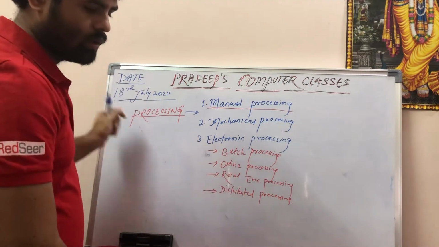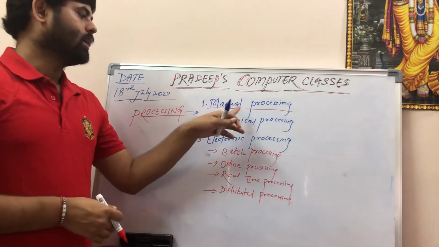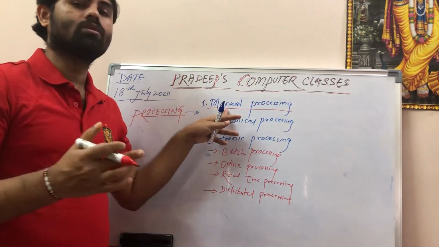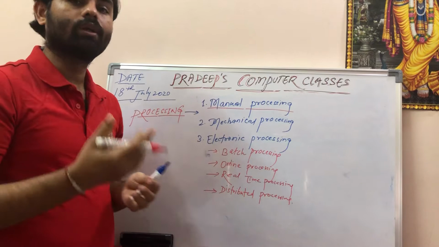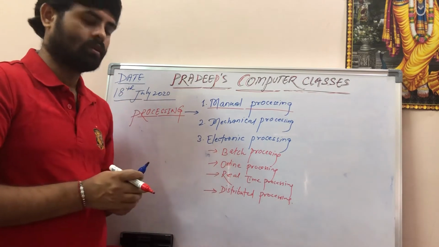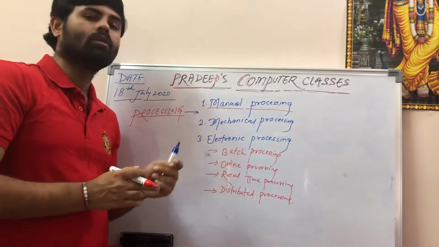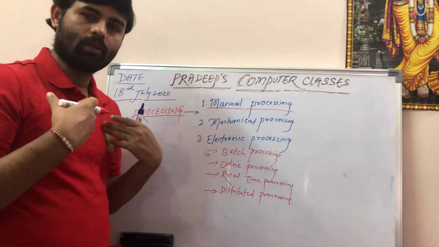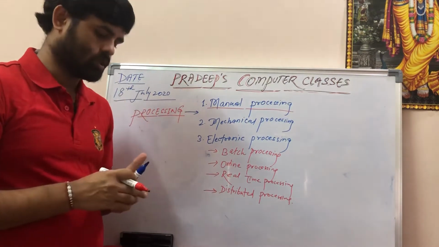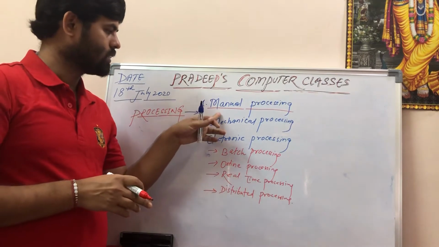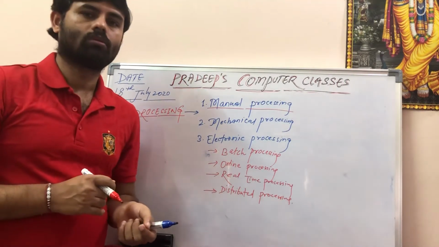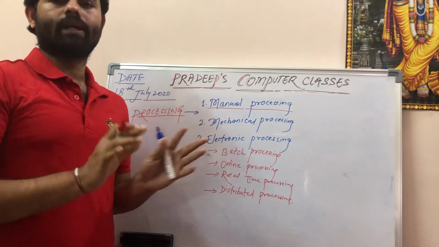Okay. See, manual processing means the process which is not done by any tool or system. That means a human, like me and you, who is using their brain to do some processing. Let me say that I am giving you 3 plus 2, and you are not using any calculator or any machine.